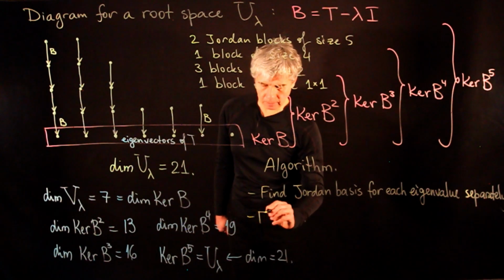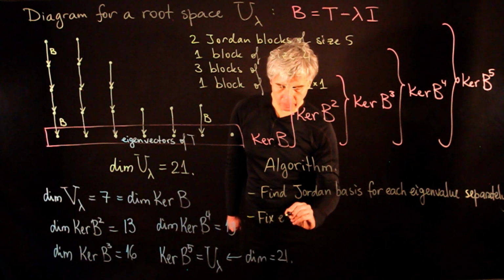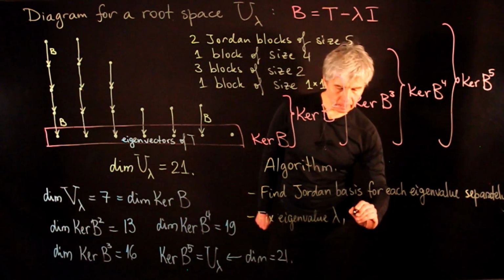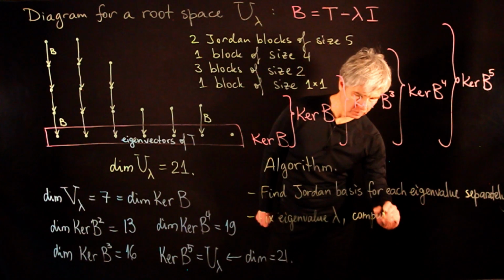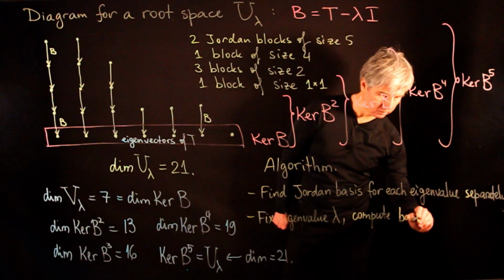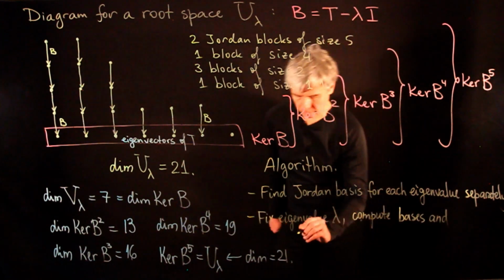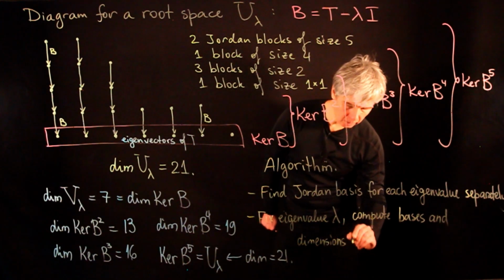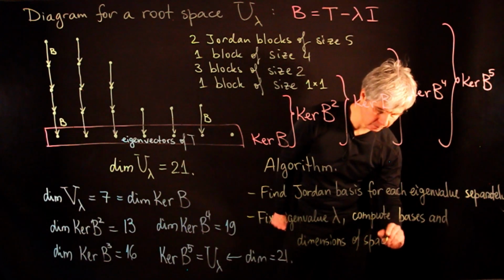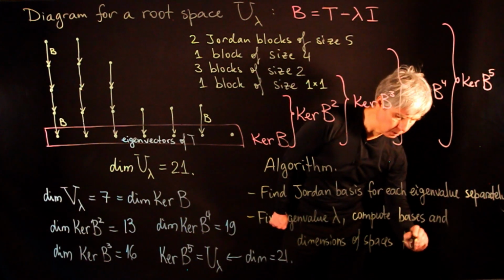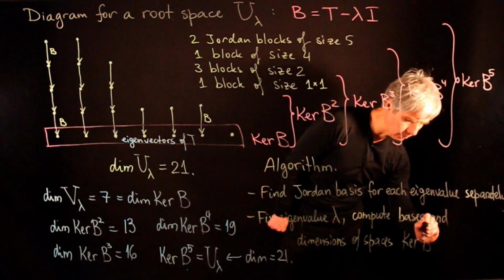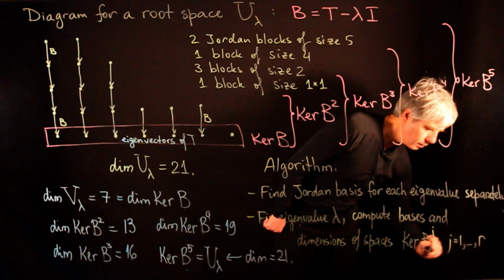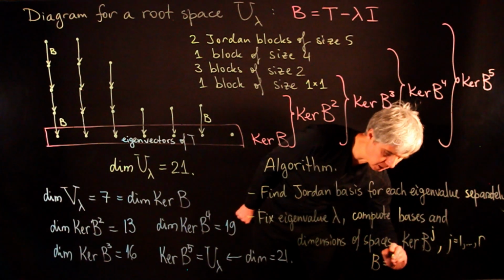Then we fix an eigenvalue lambda and compute bases and dimensions of spaces kernel of b to the power j, where j goes from 1 to r and b is the operator t minus lambda I.